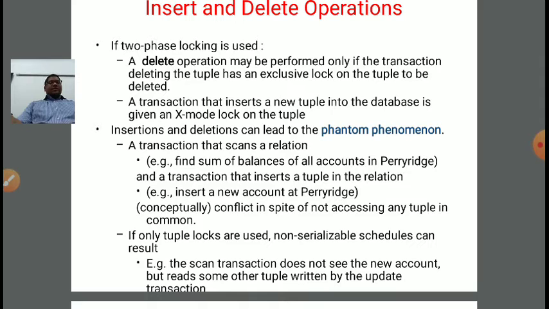So if only tuple locks are used, non-serializable schedules can result: the scan transaction does not see the new account, but it will read some other tuple written by the update transaction.